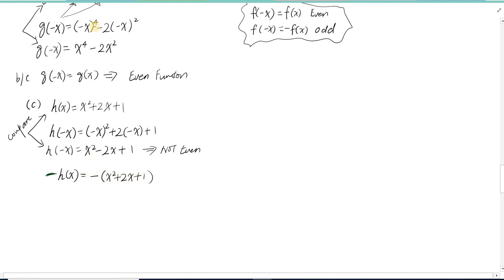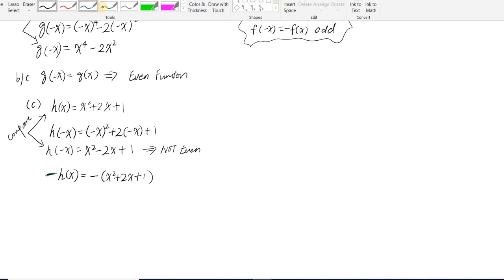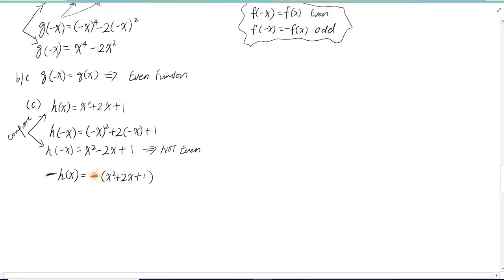Again, you need to put this big parenthesis right there, otherwise the whole thing is going to go wrong. So I just put a negative sign right there. That will be negative x squared minus 2x and then minus 1. Now we're going to compare here, because I want to use the definition right here, to see if they are the same.